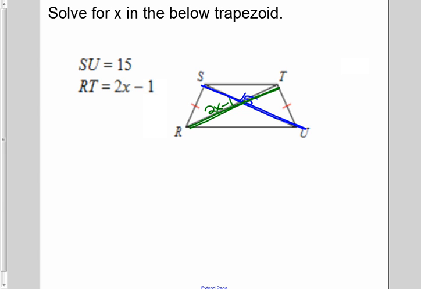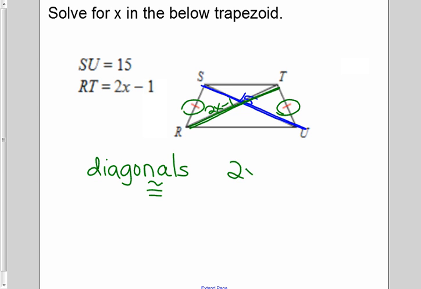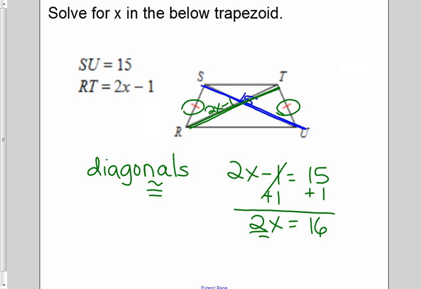Part of our properties said that the diagonals are congruent, and this was for isosceles trapezoids, because we see this piece of information which tells us that the sides are congruent. If those are congruent, then the diagonals are also congruent, so we can set these equal to one another. 2x minus 1 is 15. So we should get x equals 8.